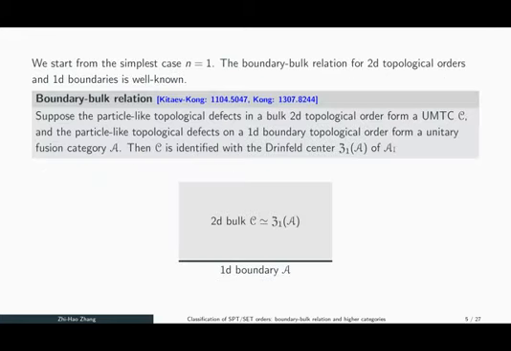We start from the simplest case, n equals 1. In this case, the boundary-bulk relation for 2D topological orders and their 1D boundaries is well known.